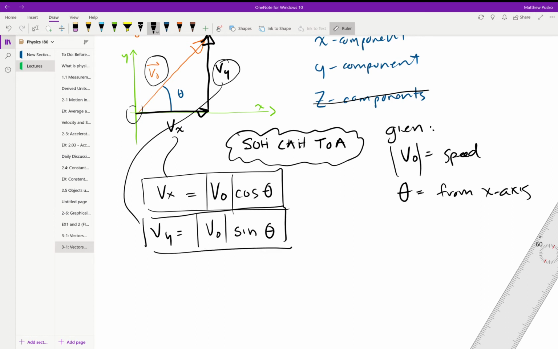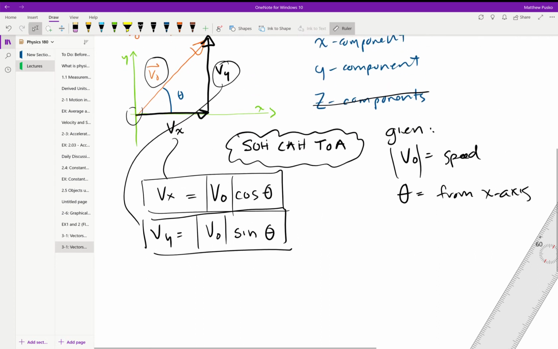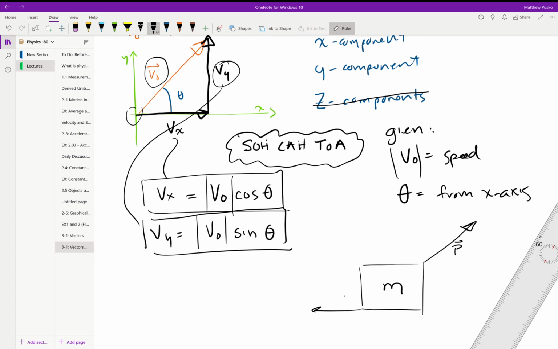So we'll have to do this for every vector. And velocity is one thing, but we'll see it's really important with forces. We're going to start looking at maybe a block or something. It'll have some mass. There's going to be all kinds of forces. Some force P pulling this way, some friction down here maybe.